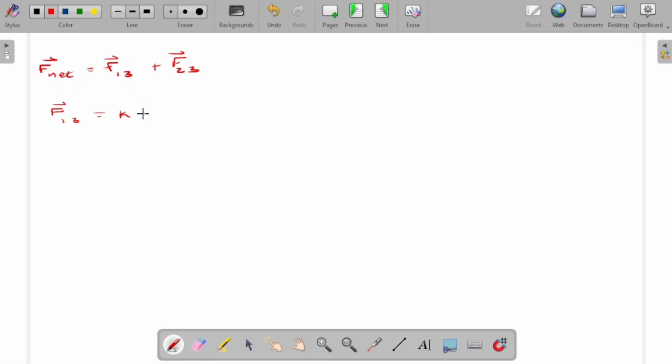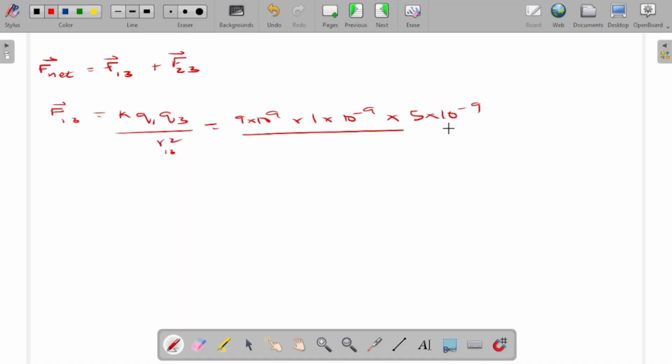It's going to be K times Q1 and Q3 over r squared of 1 and 3, which is going to be 9 by 10 to the 9 multiplied by 1 by 10 to the -9 multiplied by 5 by 10 to the -9. Both of them are positive.